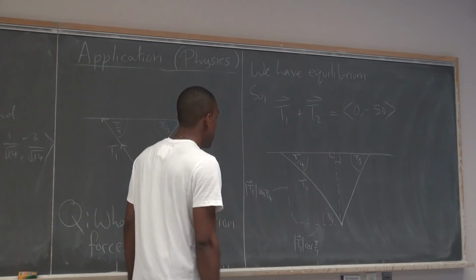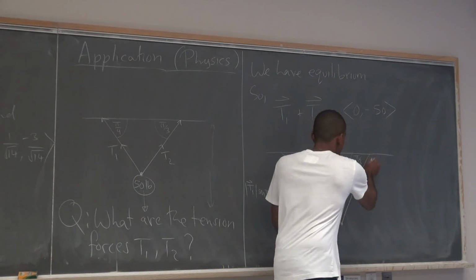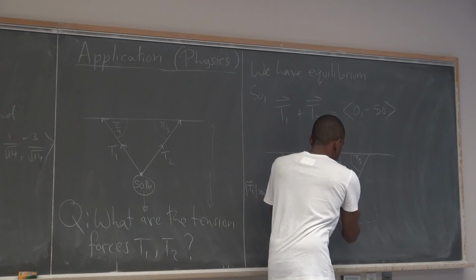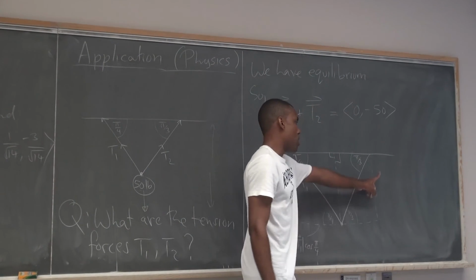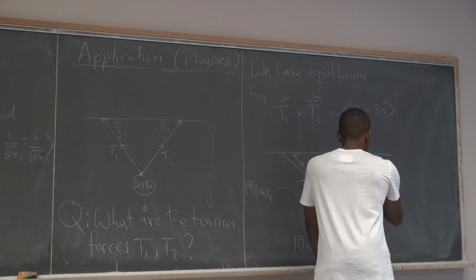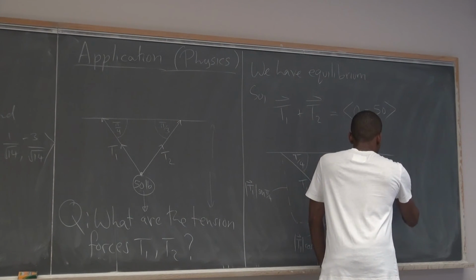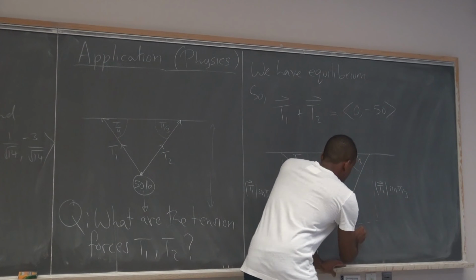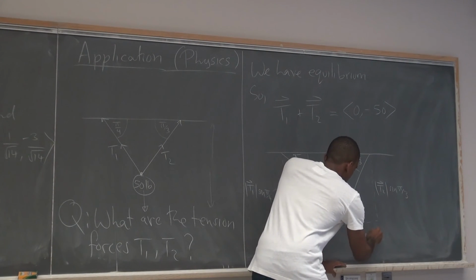Similarly, I can do the components of T2. The opposite is the sine, so this is T2 sine pi over 3. The adjacent is the cosine, T2 cosine pi over 3.